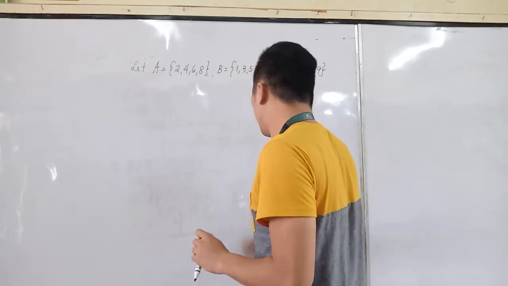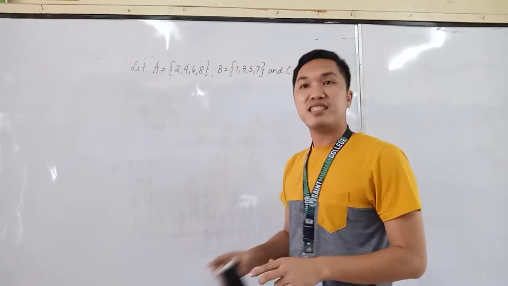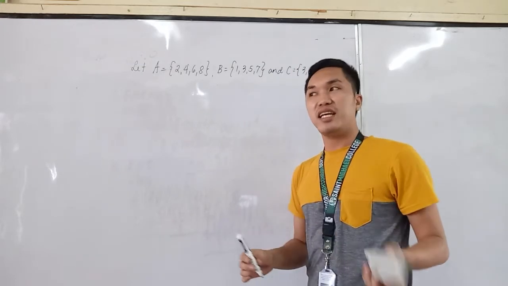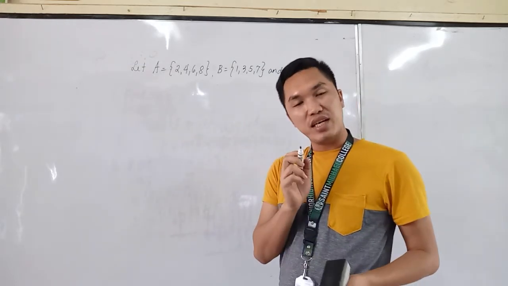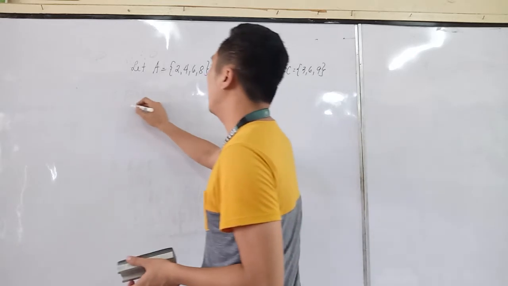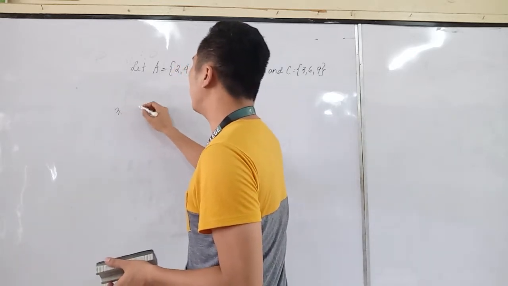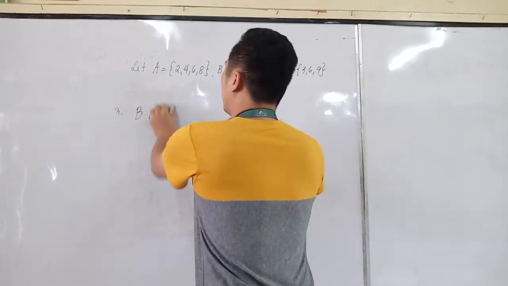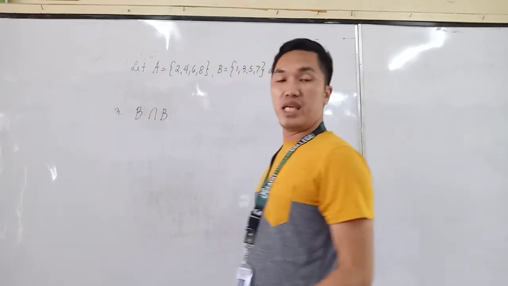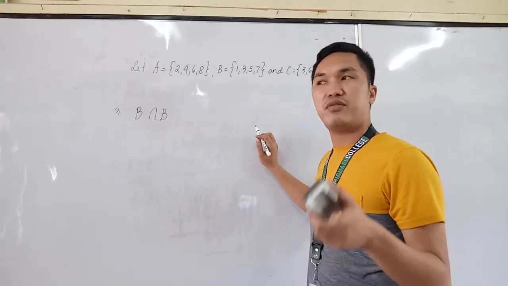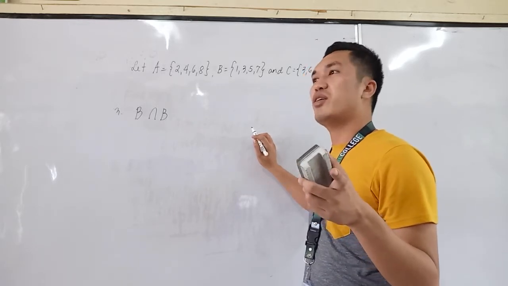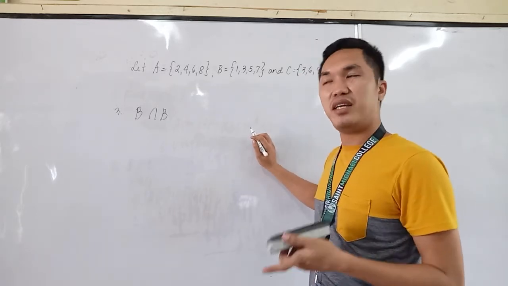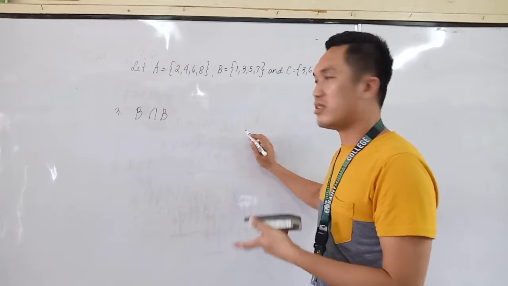So, let us start with an example of finding the intersection of a set to itself. Let us try with the third example. We have B intersection B. Now, what will happen if we will find the intersection of a set to itself?